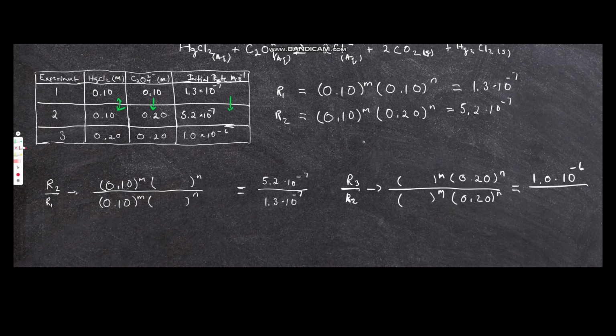What you can do is look at the ratio of the second experiment's rate over the first experiment's rate, which I denoted over here. And then I held my rate 2 equation and rate 1 equation, mercury chloride here, to be constant. You're just taking the ratio of these two things and these two things.